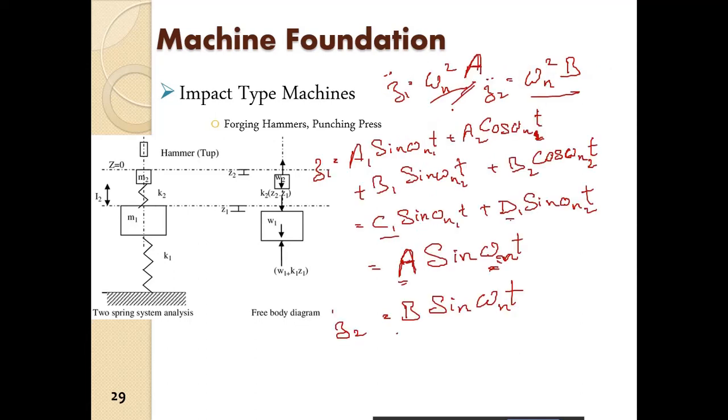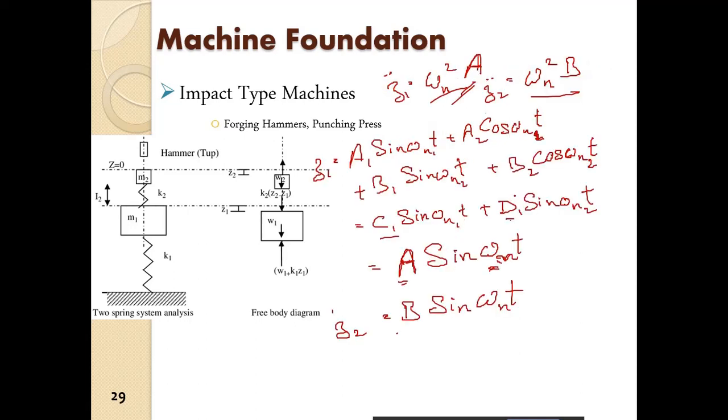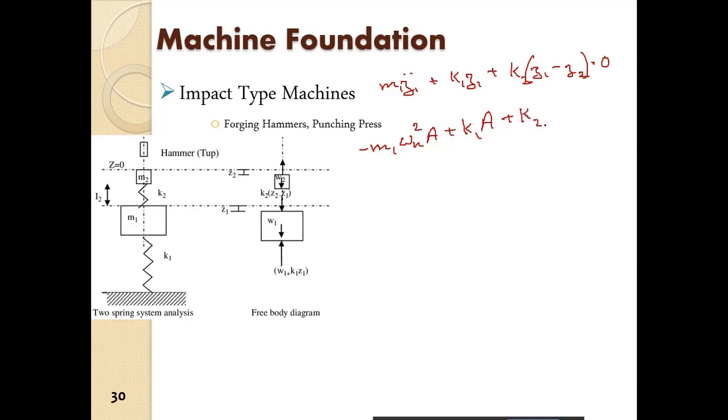So we put it here. Okay, and what about this one? This will become plus k1 into a plus k2 into a minus b. So we are assuming that both the masses are at their extreme position. Okay, and both the masses are vibrating with the same frequency.